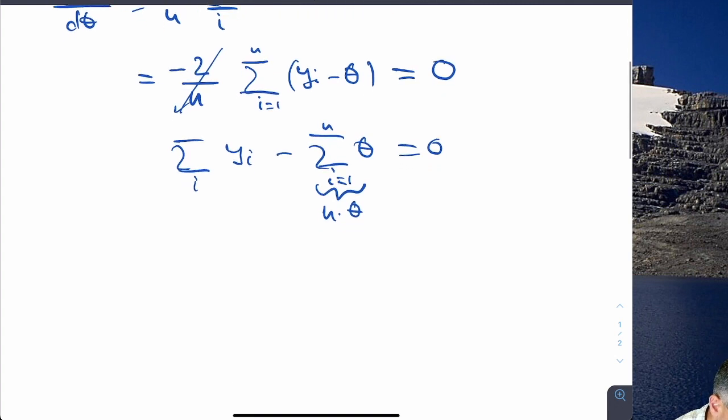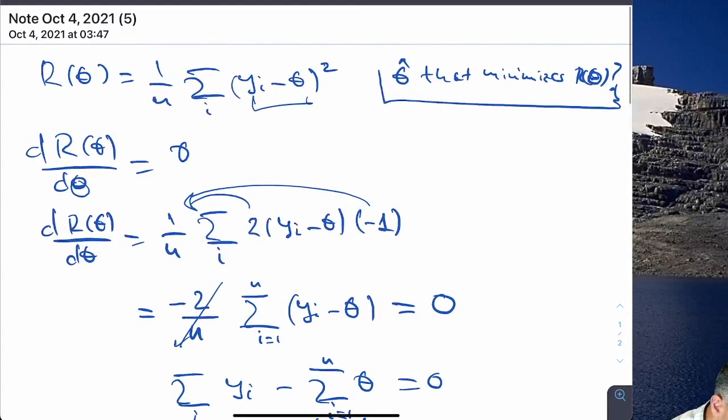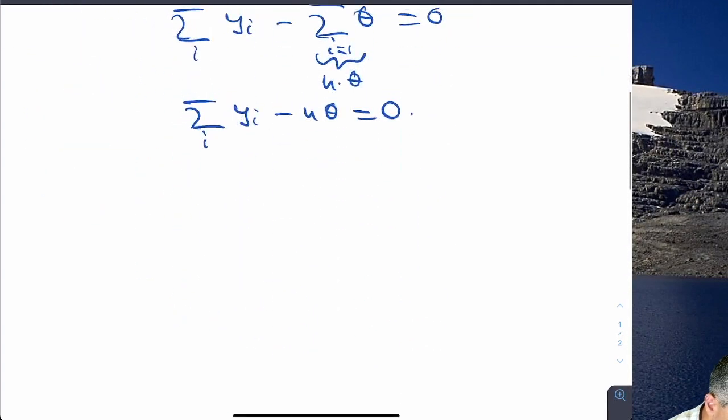So in summary, what we have is that the sum of y sub i minus n times theta has to be equal to 0. And we're looking for the special value of theta, which we'll call theta hat, where this happens.